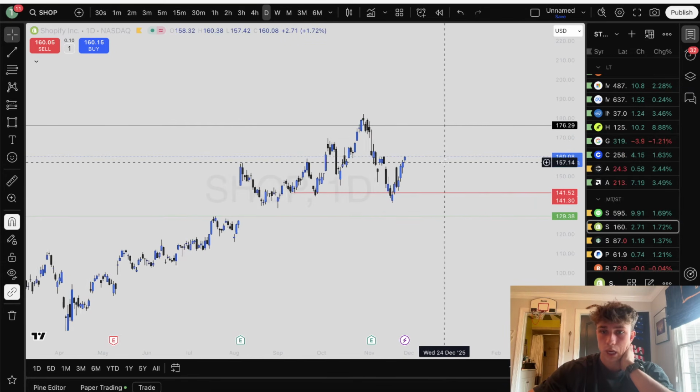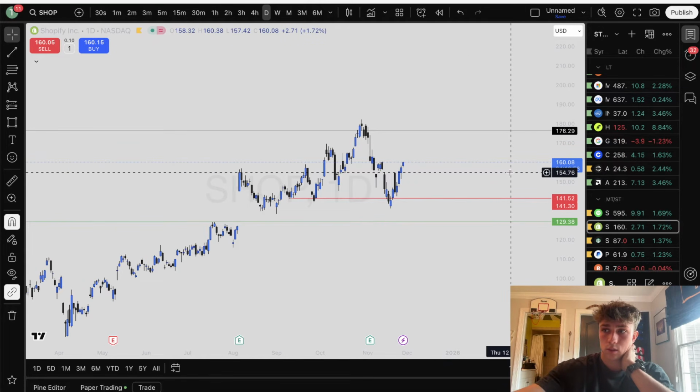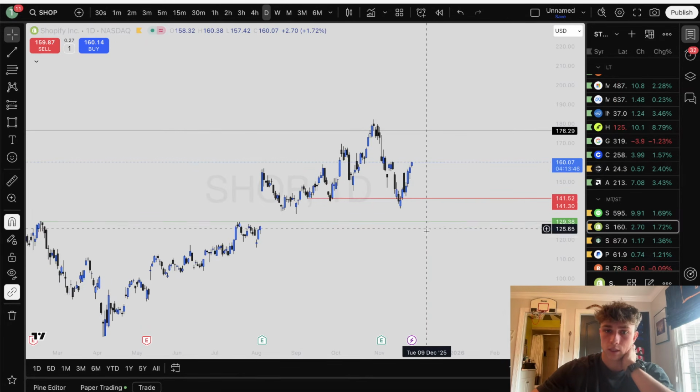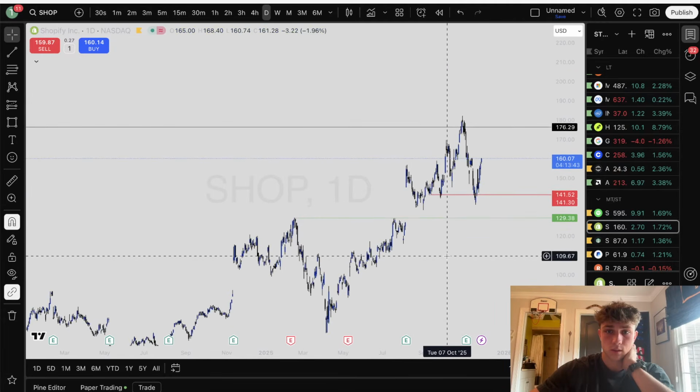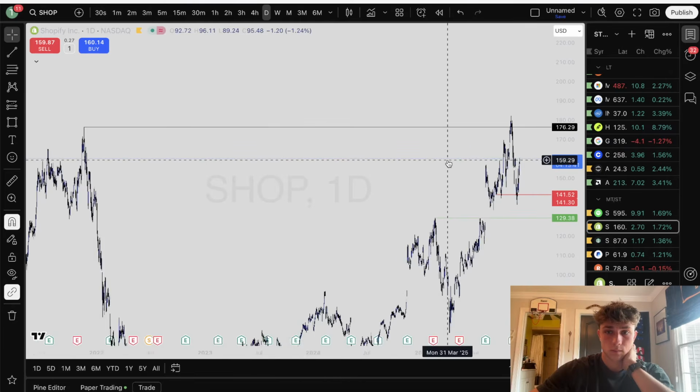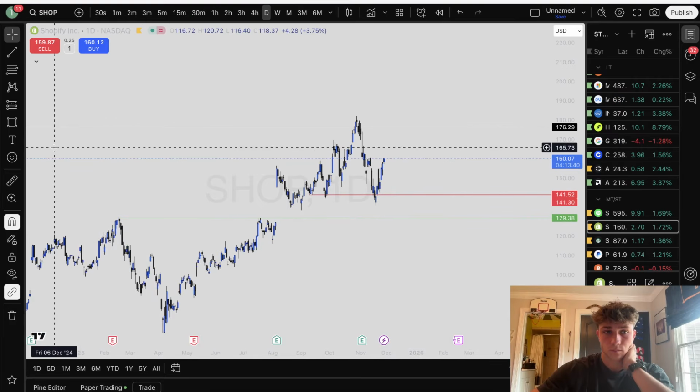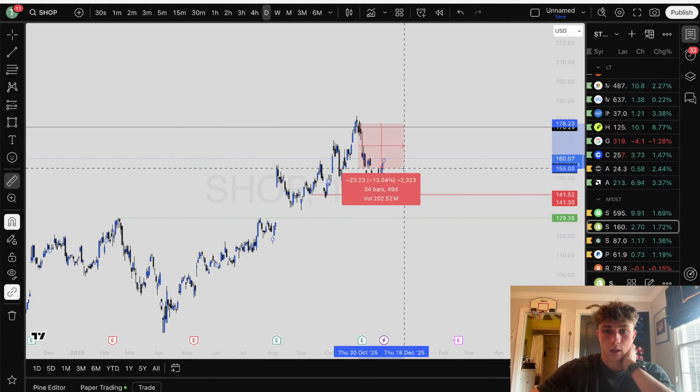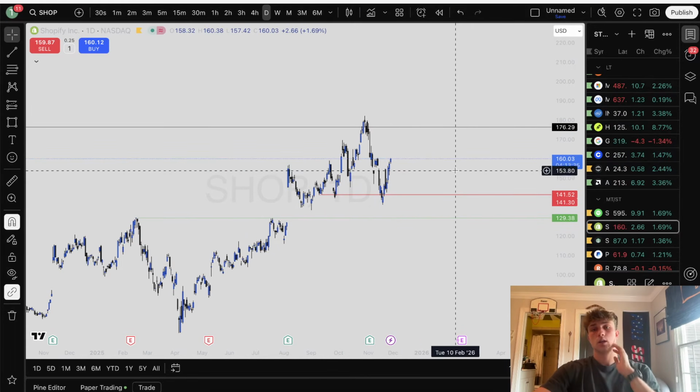Shopify, though, I think is a good investment, but that reaction off of 140 is insane. I don't have a holding in Shopify. I don't think I'm looking to buy Shopify at this price. We're hardly down. Although I do want to be exposed. We're down like 10%.